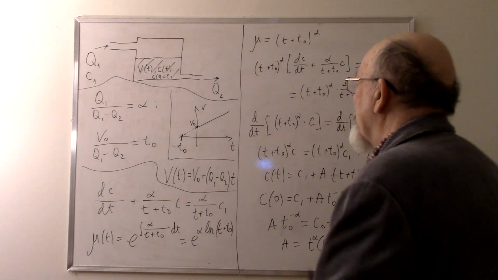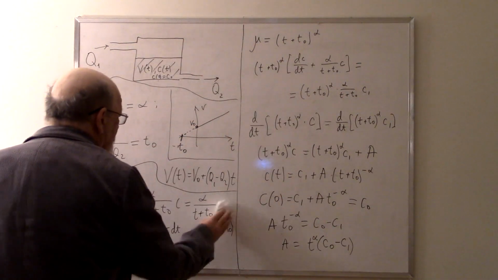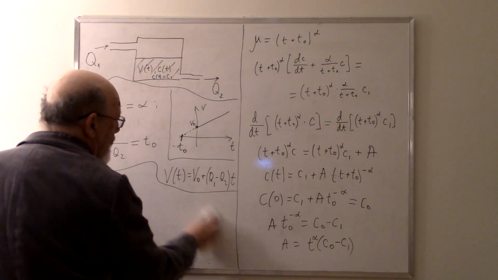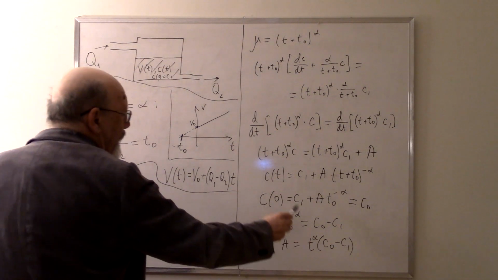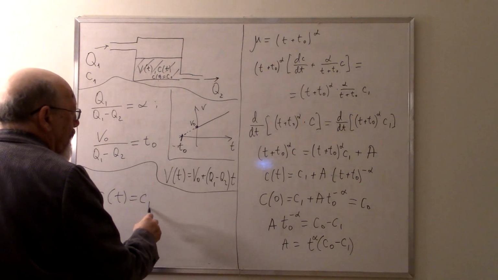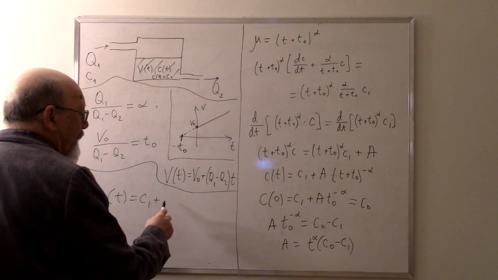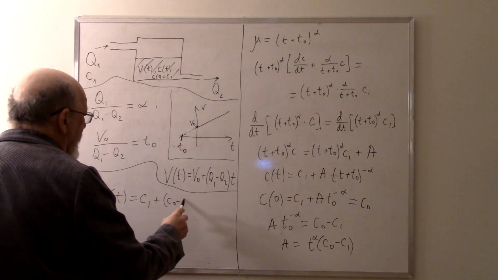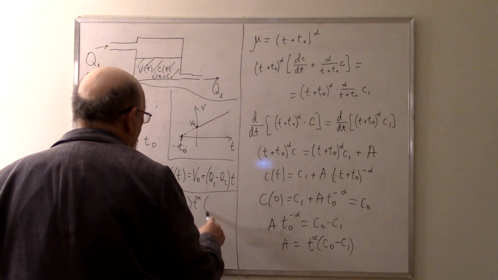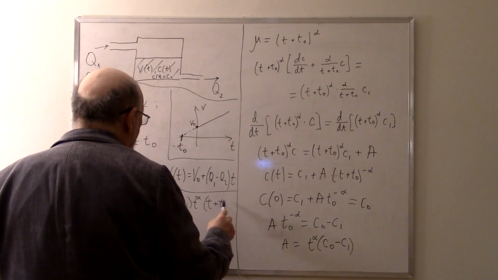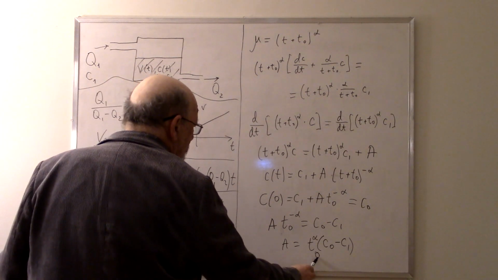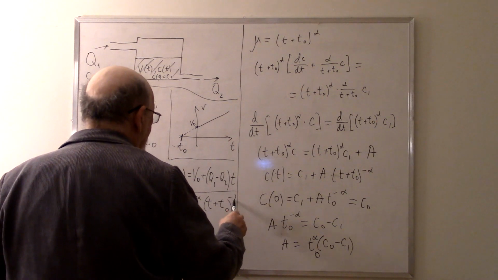And finally we have the answer. The answer is, substitute this here: c of t equals c1 plus (c0 minus c1) times t0 to the power alpha times (t plus t0) to the power minus alpha.